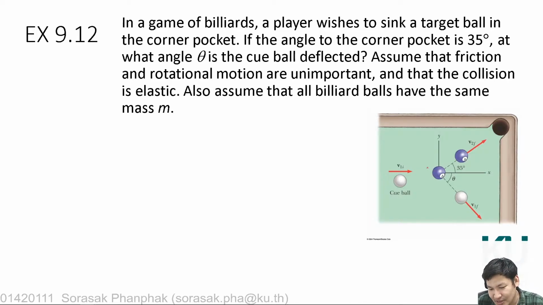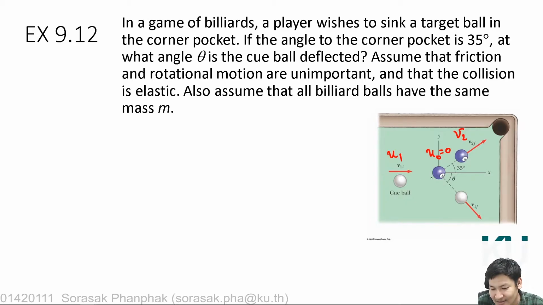The initial event is you have the cue ball, or the white ball, with the initial velocity, and this purple or black ball has zero initial velocity. After you hit this ball onto the black one, it has the terminal velocity v2.